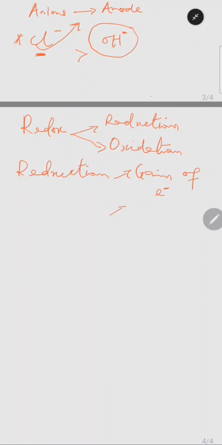Same, reduction is decrease in oxidation number. Those are the 2 important definitions of reduction as far as electrolysis is concerned: gain of electron and decrease in oxidation number.